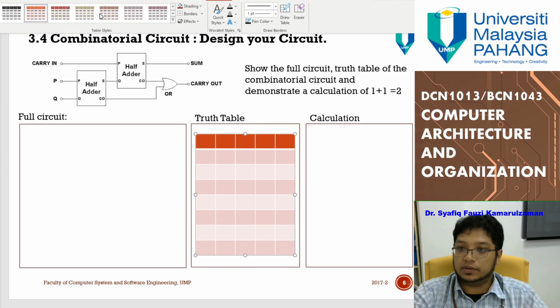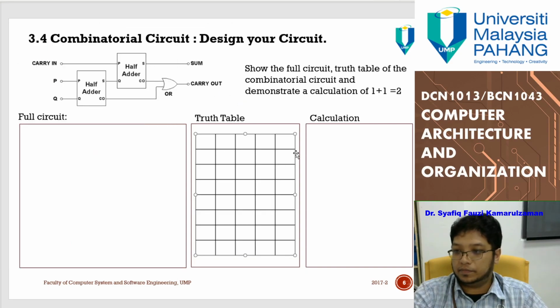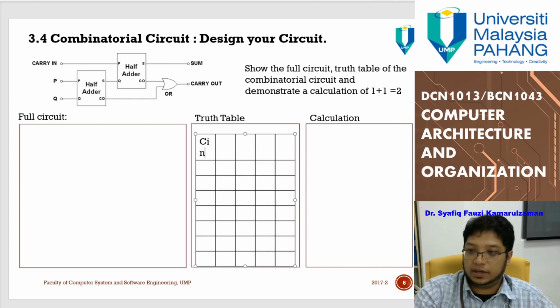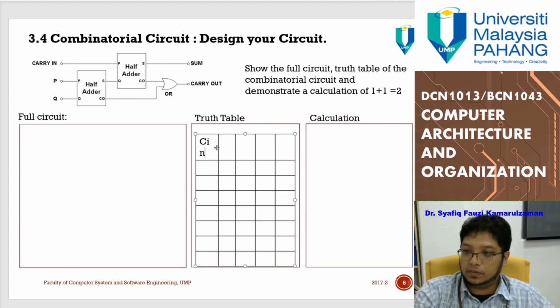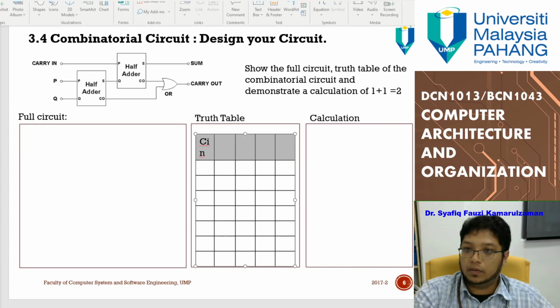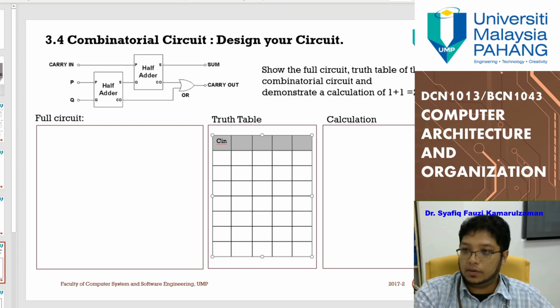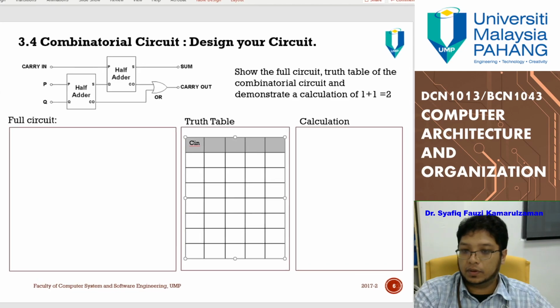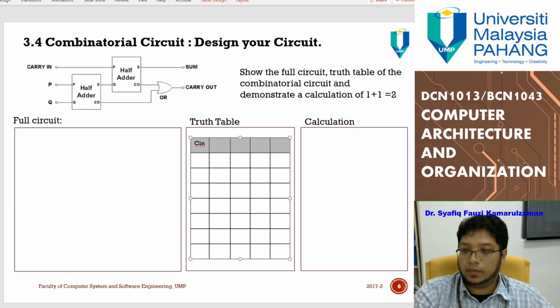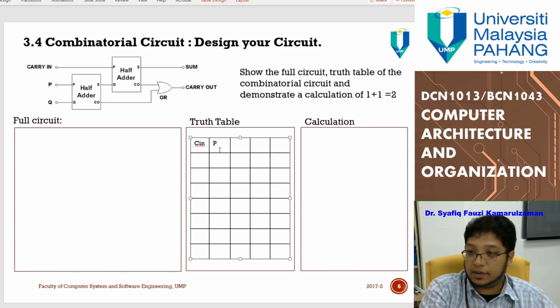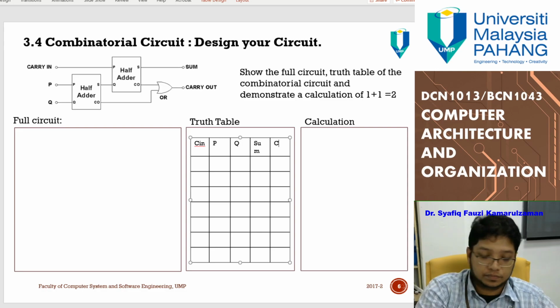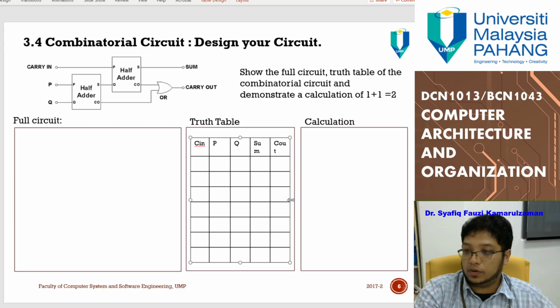Table design, this one. First we have carry in, C in, and then we have P and Q as inputs. Then we have sum and C out.